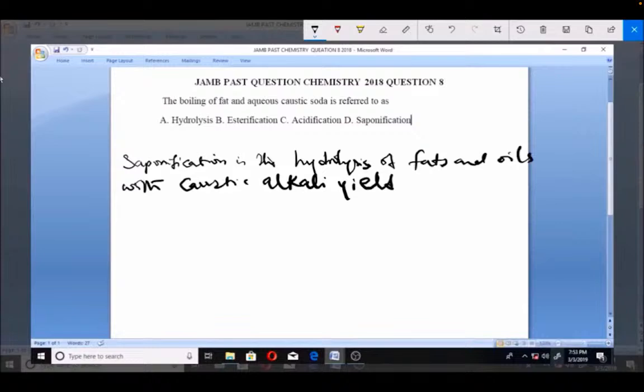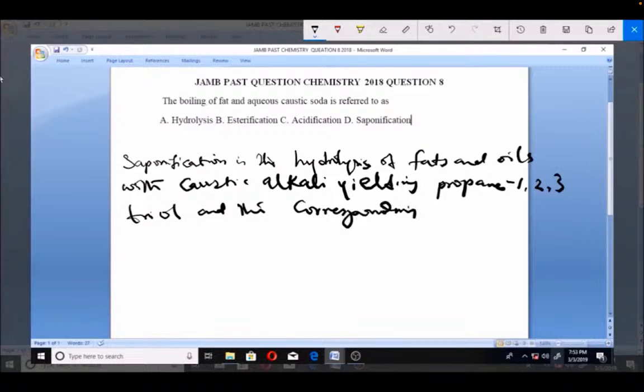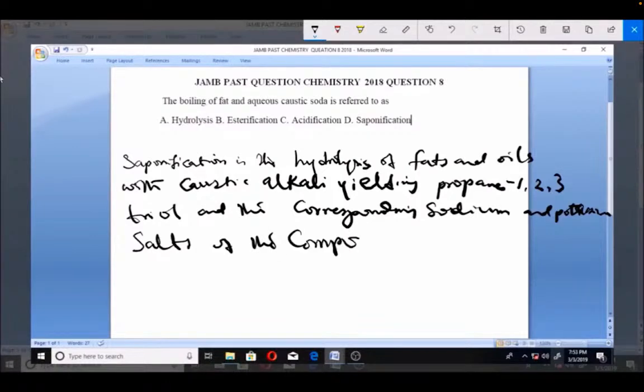Hydrolysis of fats and oil with caustic alkali, yielding or producing propane 1,2,3-triol and the corresponding sodium and potassium salts of the component fatty acids.